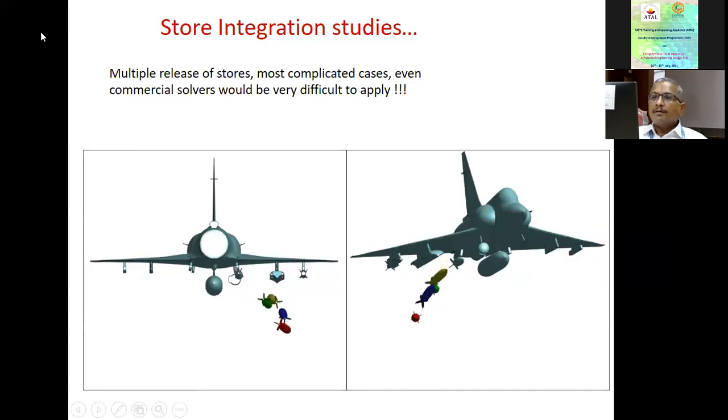This is where even commercial solvers found it very difficult to handle. What you see is the front and back portion, showing how the separating bodies move with time. In fact, the objective is not only that the bodies safely separate from the parent aircraft; they should also not hit among themselves. This is one more objective of such a study.